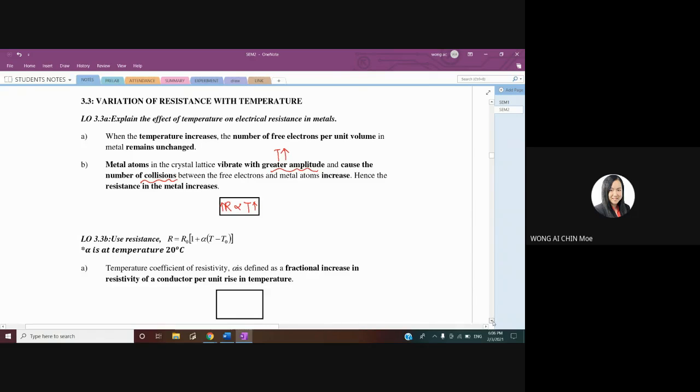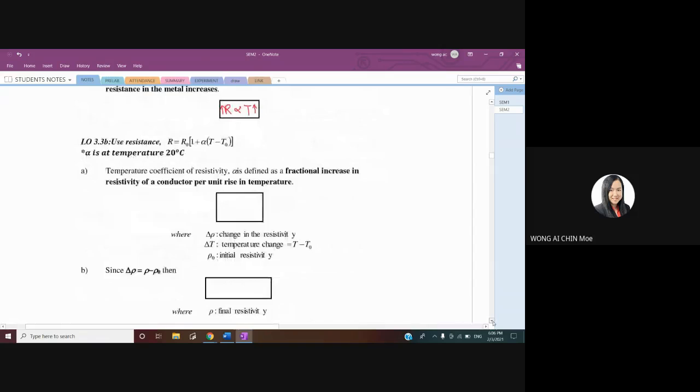Okay, next. Temperature coefficients. The temperature coefficient of resistivity, alpha, is defined as the fractional increase in the resistivity of the conductor per unit rise in the temperature.